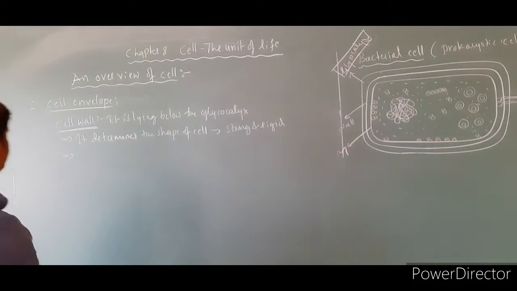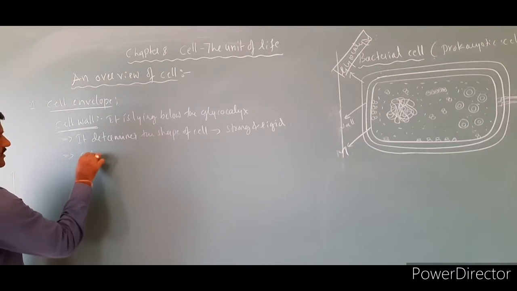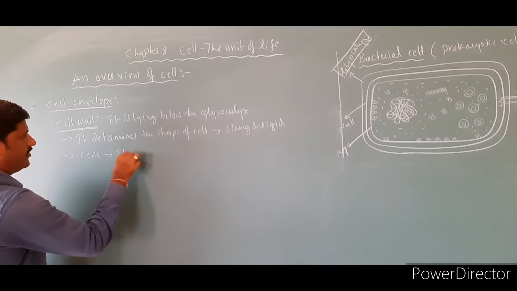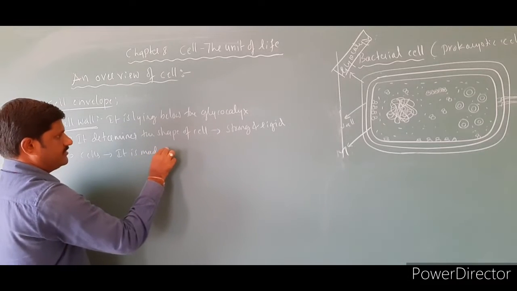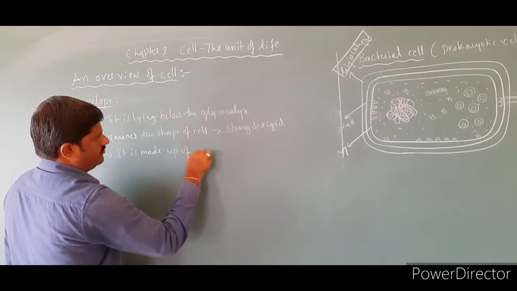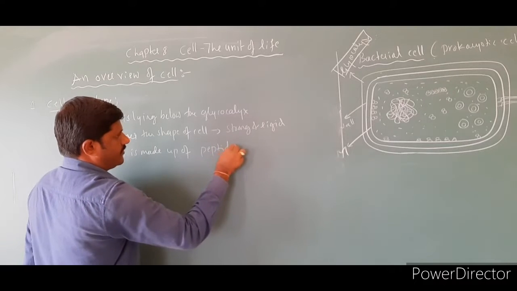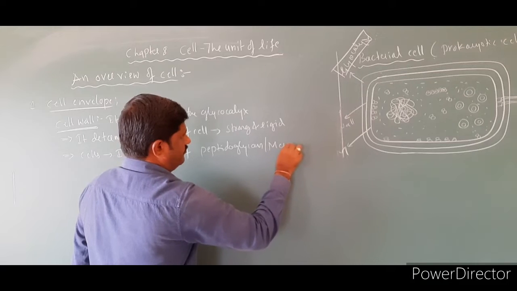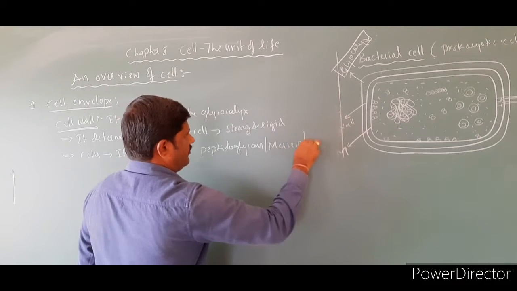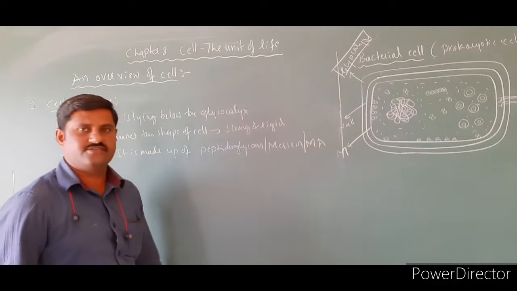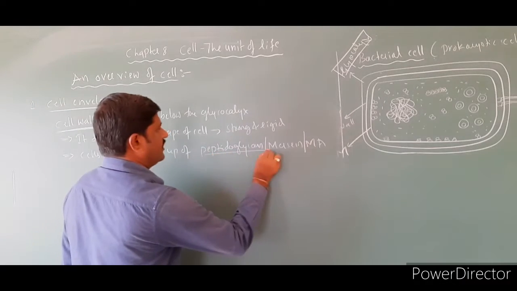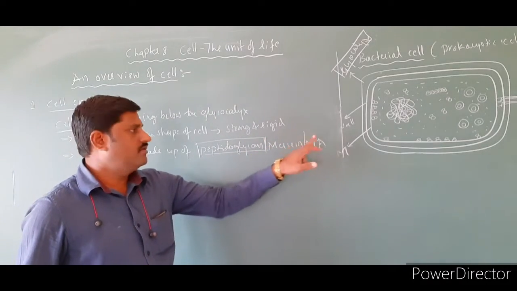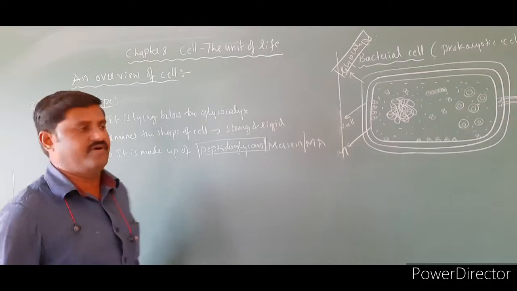So in prokaryotic cells especially, it is made up of peptidoglycan, or murein, or muramic acid. Chemically, it is made up of peptidoglycan.